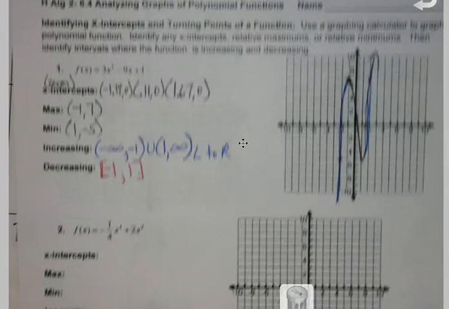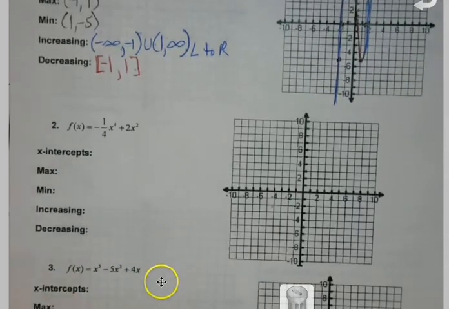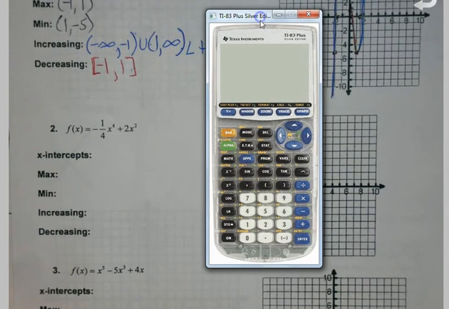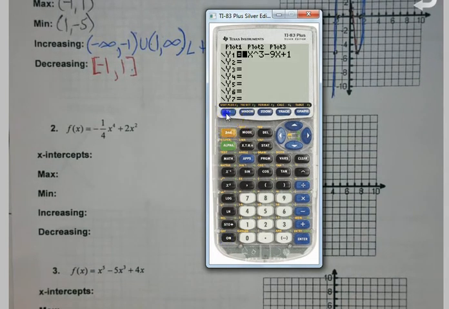Sure. Okay. Let's pop number 2 up here. Okay, so we've got -1/4 x to the 4th plus 2x squared.